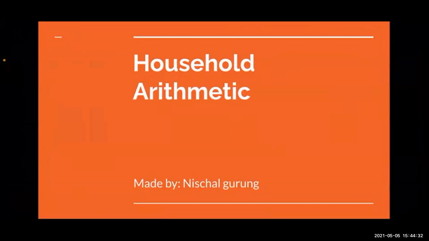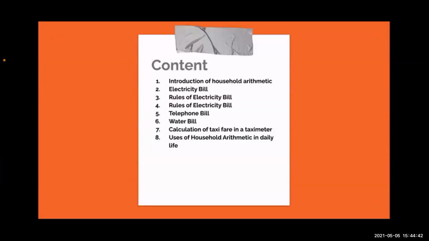Good morning, everyone. My name is Mr. Gurung, and today I'm here to present a short presentation on the topic household arithmetic. These are the contents of my presentation: introduction of household arithmetic, electricity bill, rules of electricity bill, telephone bill, water bill, calculation of taxi fare in a taximeter, and use of household arithmetic in daily life.